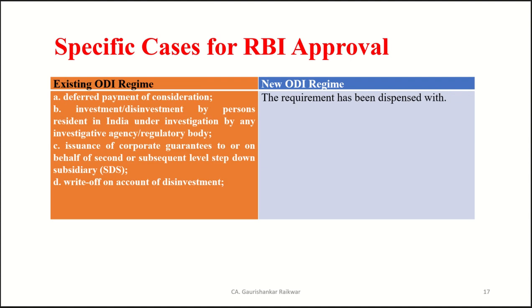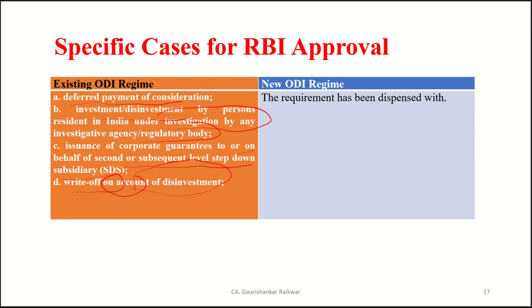Specific cases for RBI approval. In the existing or old ODI regime, scenarios like deferred payment of consideration, investment or disinvestment by a person resident in India under investigation by any investigative agency or regulatory body, issuance of corporate guarantee to or on behalf of second or subsequent level step down subsidiary, and right of equity or investment on account of disinvestment required RBI approval.